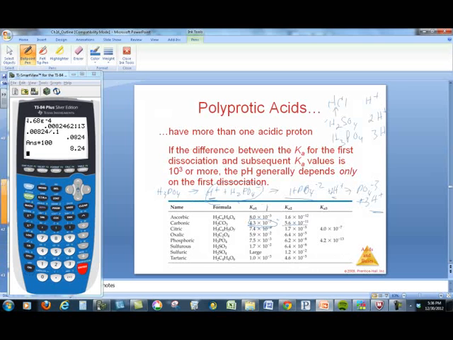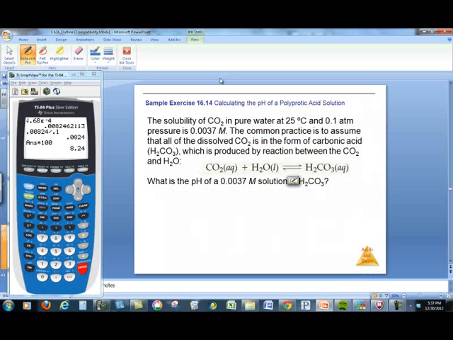Compared to that, the second hydrogen is going to be insignificant. Okay? So we're going to use Ka equal to 4.3 times 10 to the minus 7.